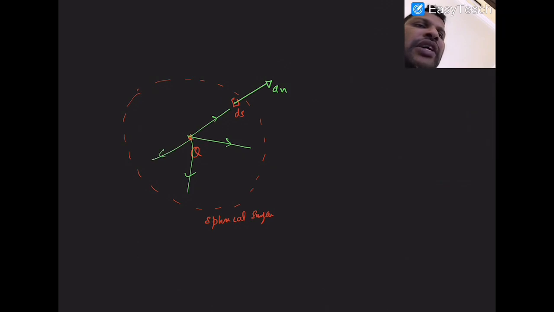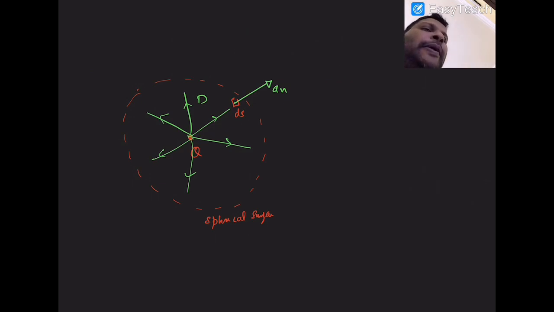Let us say this is a spherical surface, and the area is ds. You know that the normal will be like this, an. Then the electric field lines you can expect like this, and the corresponding electric flux density, let us say D.